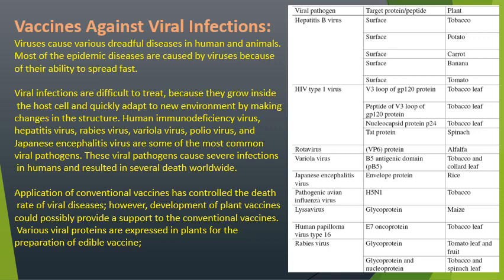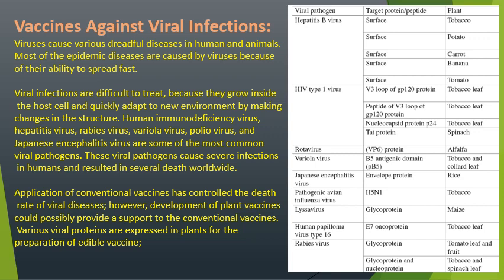The application of conventional vaccines has controlled the death rate of viral diseases. However, we need some more development in plant vaccines so that we can combat any sort of viral infection using plant vaccines alone. Some viral pathogens, like hepatitis B virus, whose surface proteins were incorporated in plants as plantigens, and we produced plant vaccines known as plantigens in tobacco, potato, carrot, banana and tomato plants.